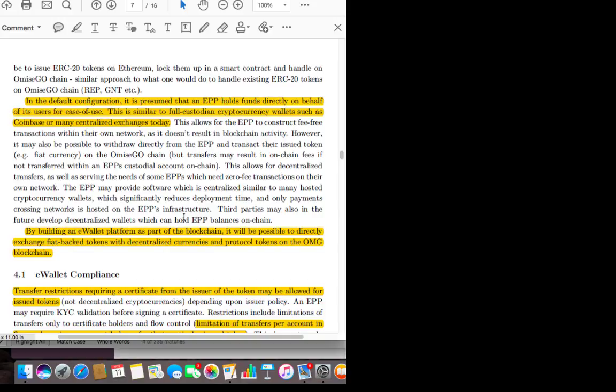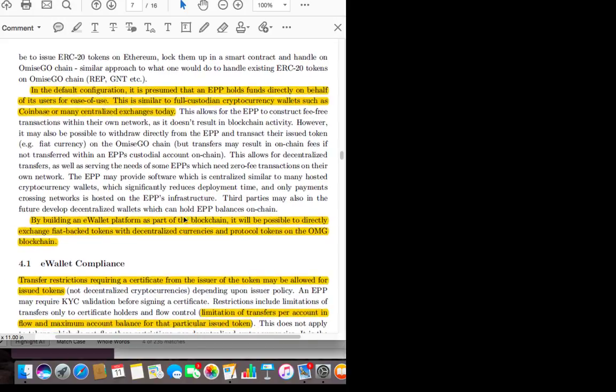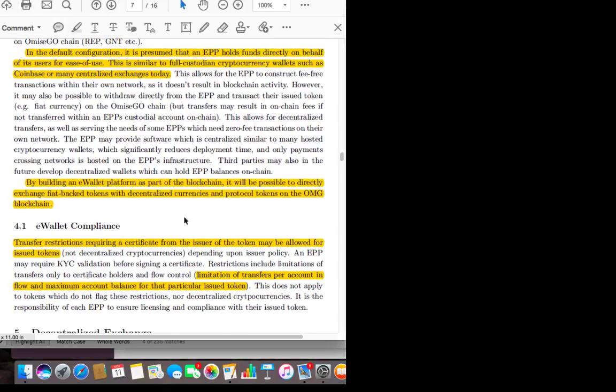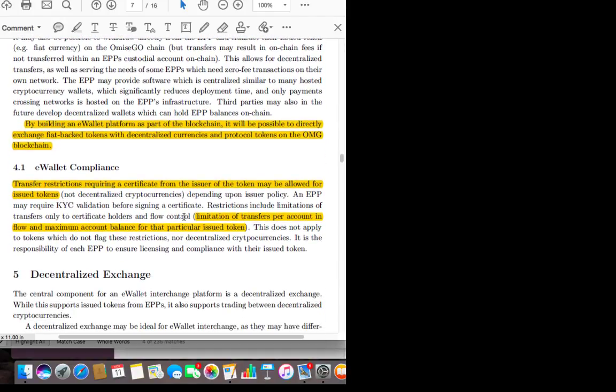But still very interesting because it does provide that capability amongst mid-level businesses, like other entities, not just Poloniex and Coinbase. So that's pretty neat, if you ask me. So it says by basically building this platform, it will be possible to directly exchange fiat-backed tokens with DEX currencies and protocol tokens on the Omisego blockchain.